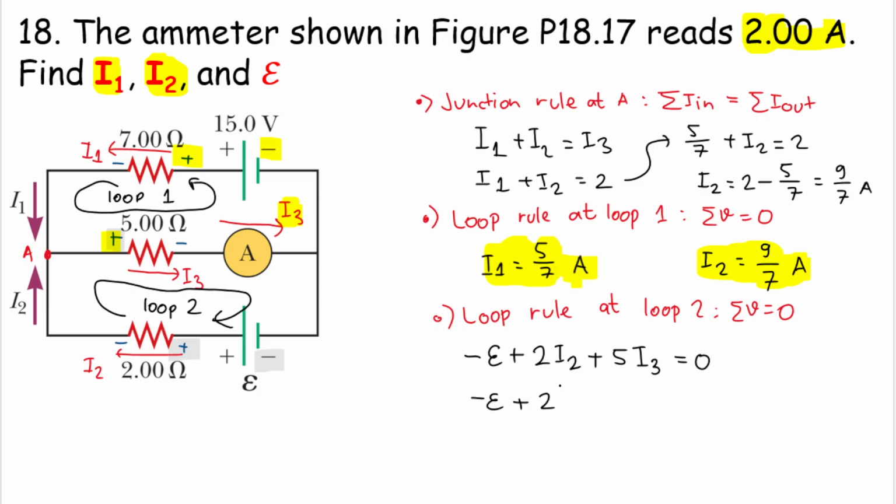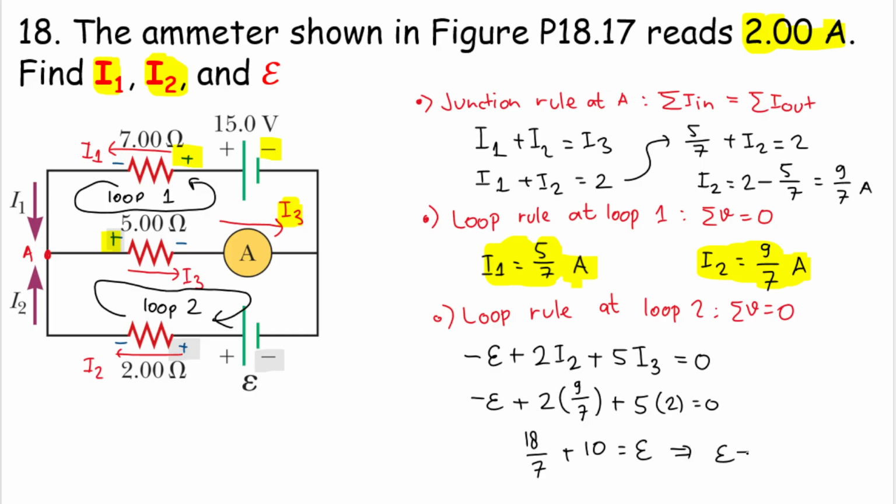I2 is 9 over 7. And then plus we will have 5, and I3 here is 2 ampere. Okay, so I have 2 ampere, and that will equal 0. And so we will have 18 over 7, and then plus 10 here, that will equal E, or we can isolate E there.